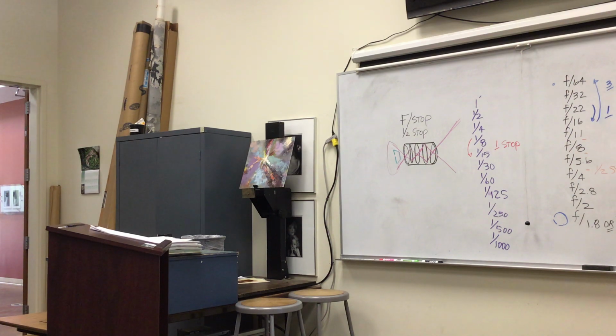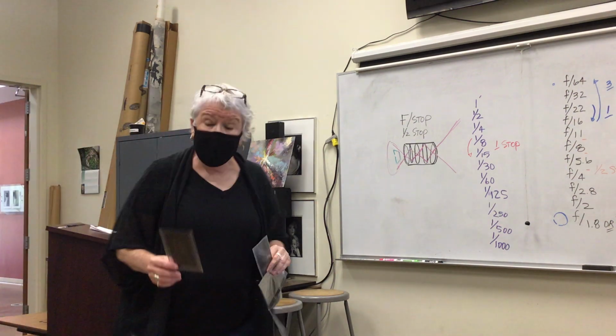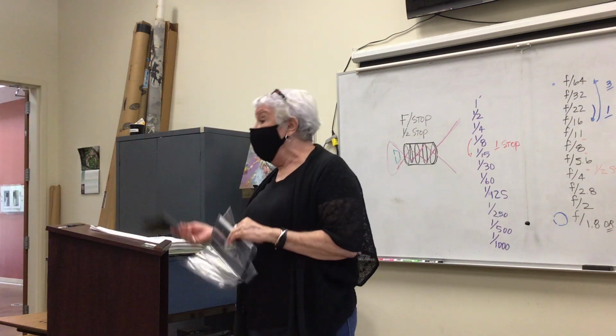This is negative. This is positive. This is negative. This is positive. So, we can clearly see that one's black and white and one's color, right?